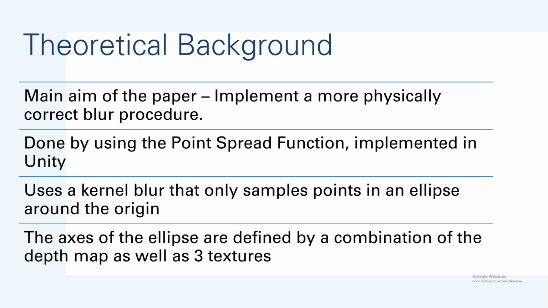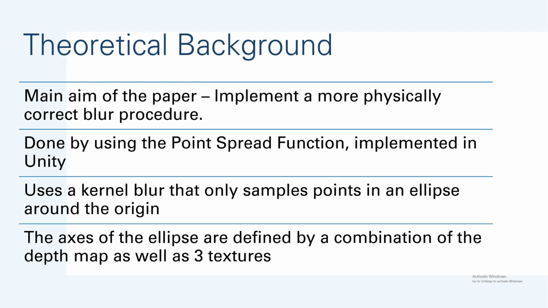So obviously lenses apply blurs, and blurs have been used in so many things across the years. Typically they're done as Gaussian blurs. However, when you're considering spectacle lenses, Gaussian blurs aren't really physically correct. So that's the main theoretical aim of the paper, to implement a more physically correct version of a blur than a Gaussian one. It's still a kernelized blur effect, but instead of using a Gaussian formula, it uses an ellipse.